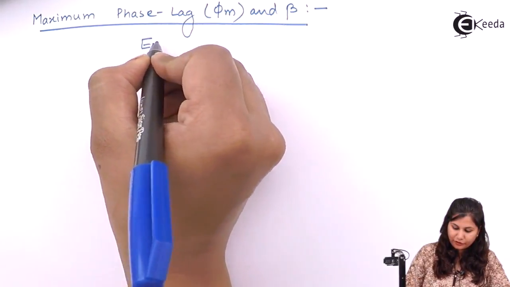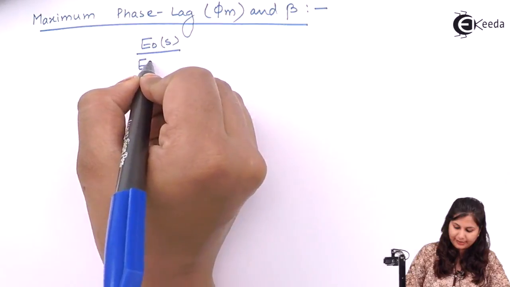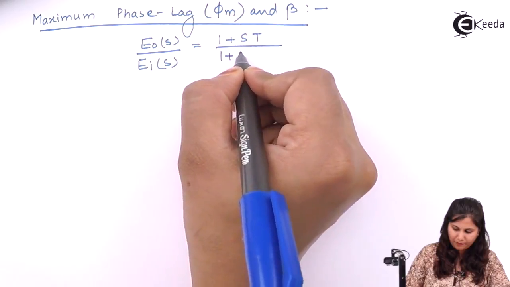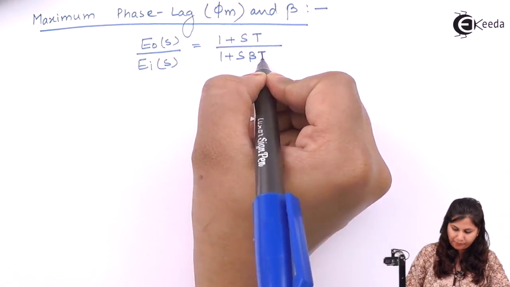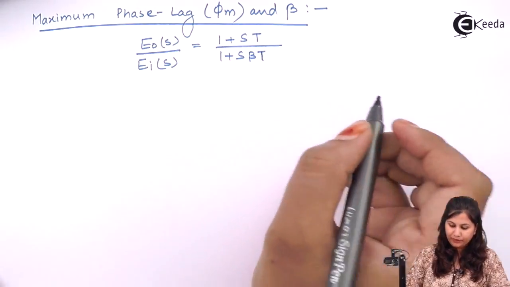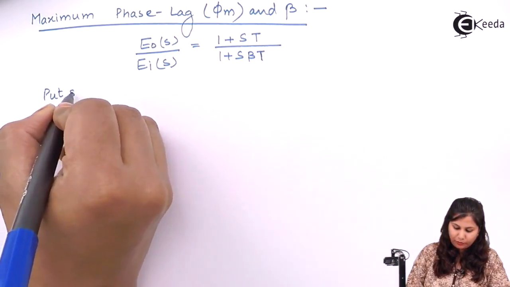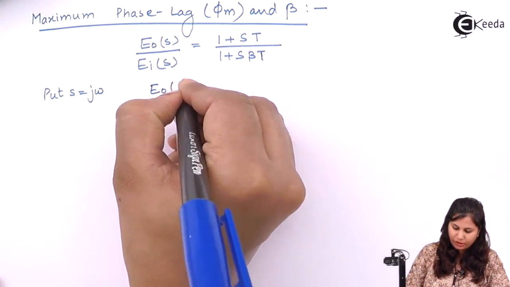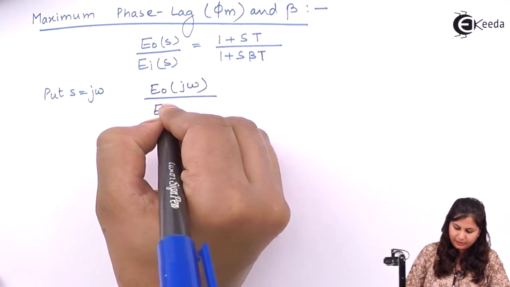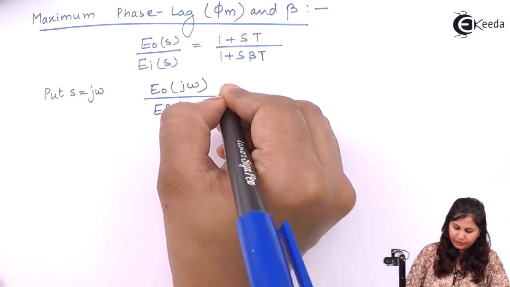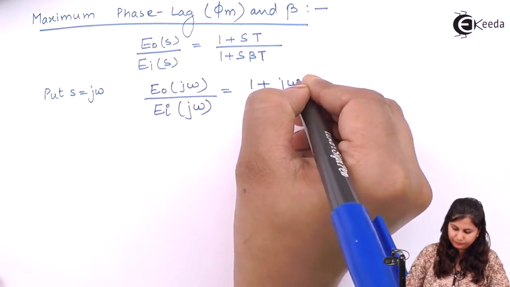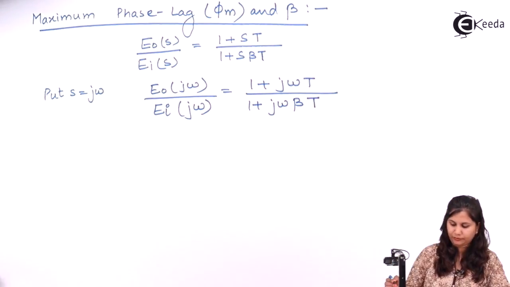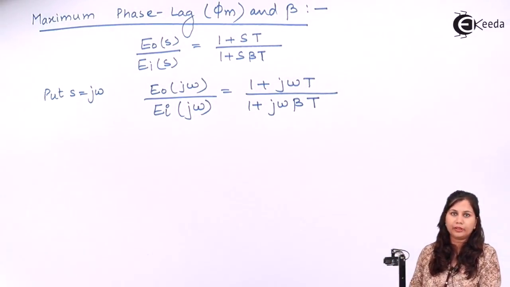We have the transfer function of the phase lag network as this. Now to obtain it in the frequency domain, we will put s equals j omega. So E naught(j omega) upon Ei(j omega) equals this, the transfer function in the frequency domain.